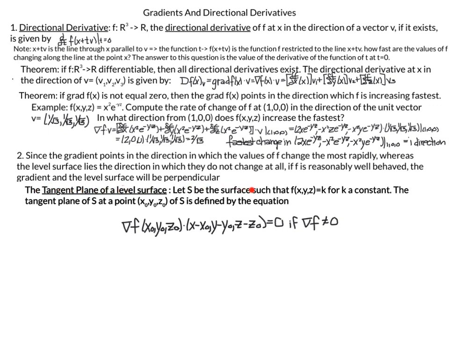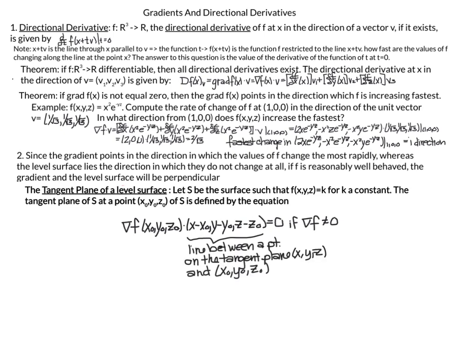So let S be the surface such that f of x, y, z is equal to k, for k constant. Then the tangent plane of S at a point (x naught, y naught, z naught) of S is defined by the equation: the gradient of f at (x naught, y naught, z naught) dotted with (x minus x naught, y minus y naught, z minus z naught) equals 0.